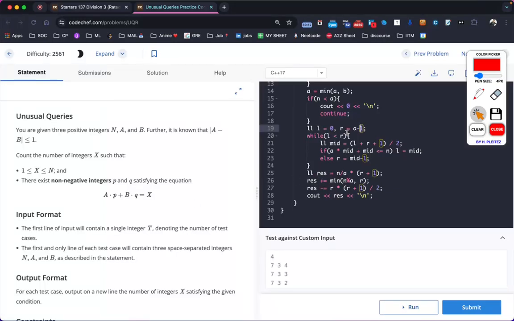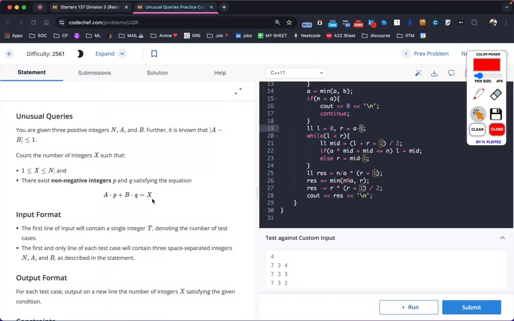We will get L and R as some middle position, and that position plus 1. Then we need to compare the value: the remainder we get by dividing the maximum value of x by a at that middle position, and we add that value.